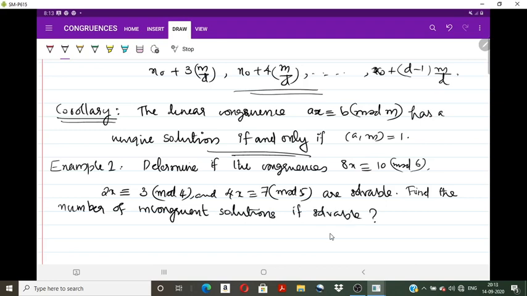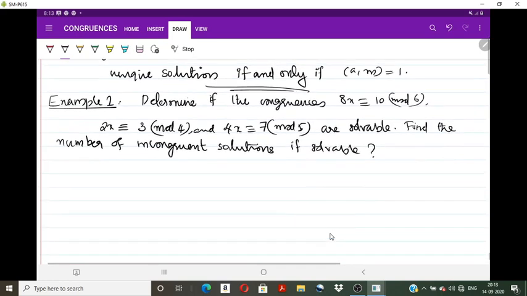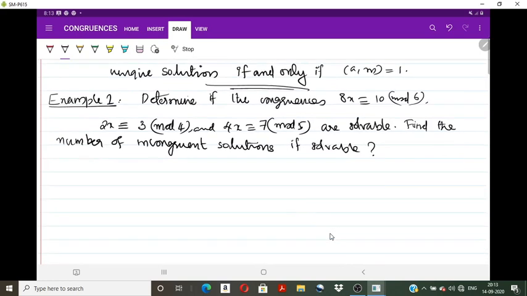Okay. So first of all, we have to determine if the congruences are solvable or not. First, consider this linear congruence 8x congruent to 10 modulo 6.